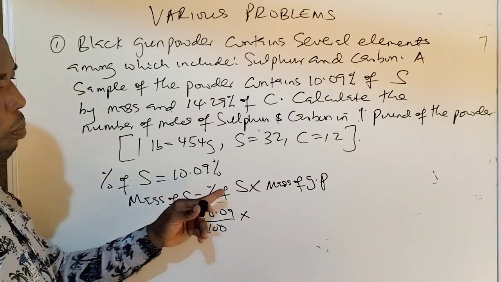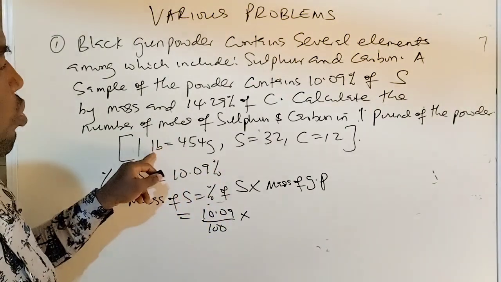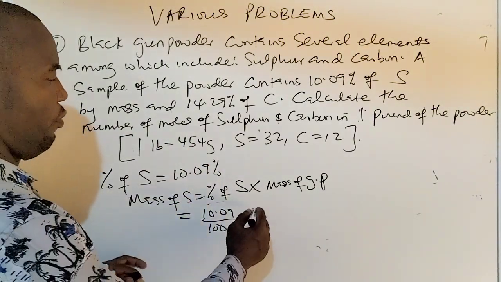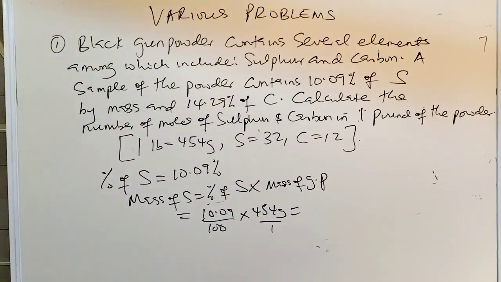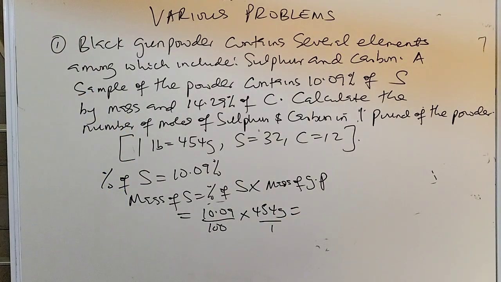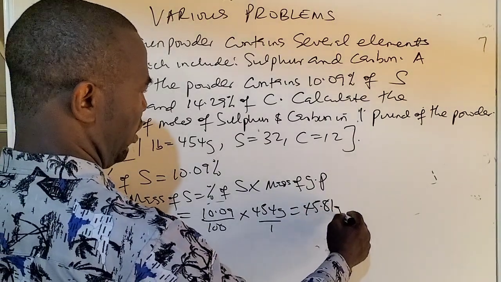The mass of the gunpowder is 1 pound weight, and 1 pound is equivalent to 454 grams, so times 454 grams over 1. That gives me the mass of sulfur in the gunpowder. When I solve this, I'll be getting 45.81 grams of sulfur. You see that?